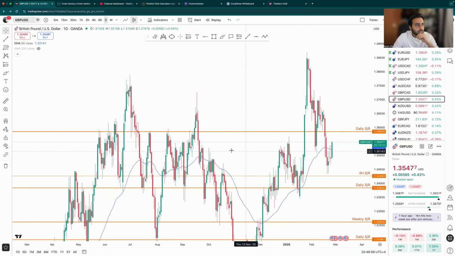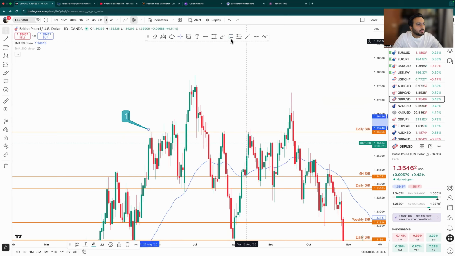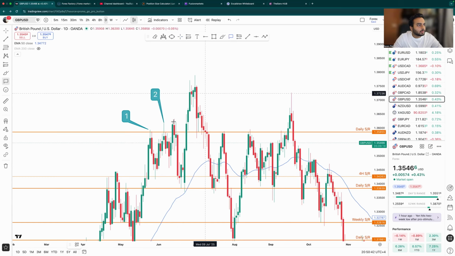Right. Now, when you're looking for SL, what should be your targets? From this price action, when you see this price action, what is the very common liquidity level if you're looking for a sell? Is it this one? Is it this one? Or is it this one? Let's call this one, two, and three.